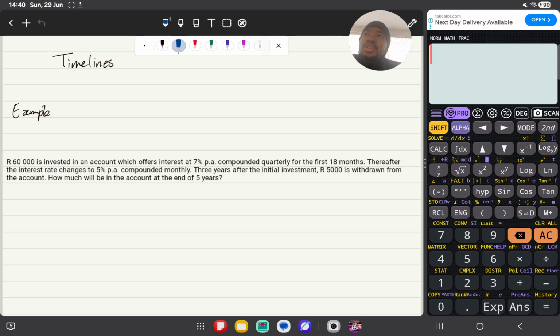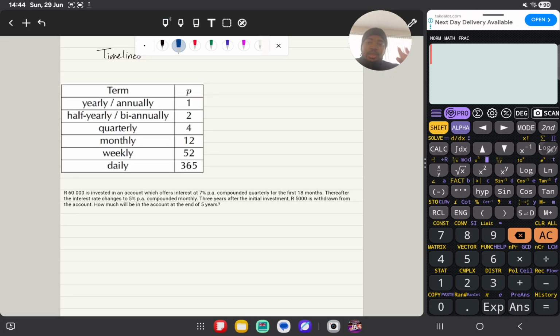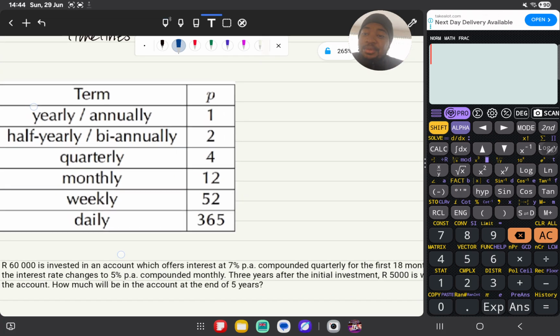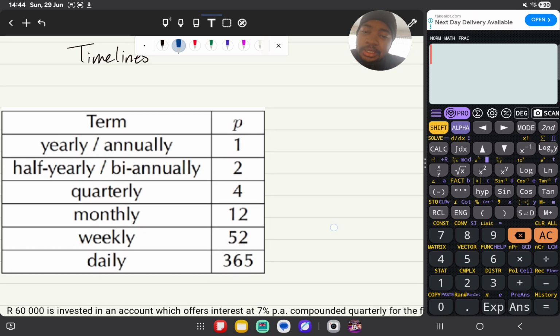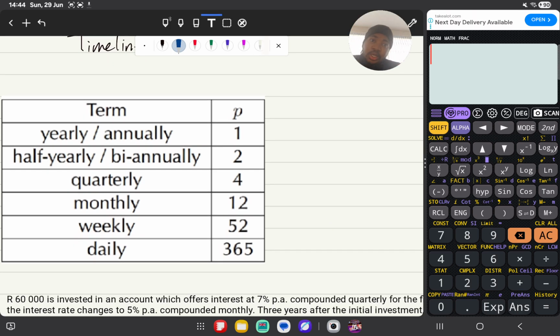This is also something that is very important. Let me see. I think I missed something. There's something I want to add here before we work on this calculation. Just hold on. Yeah, so I have something here. There are these periods that we're going to talk about. We have yearly, like when you read these financial statement questions.